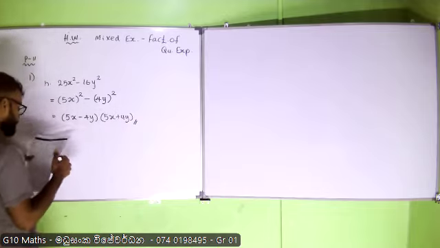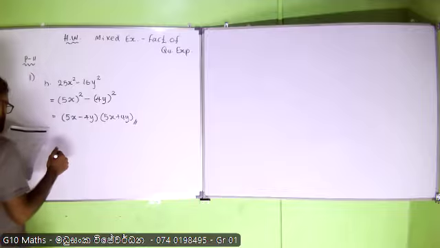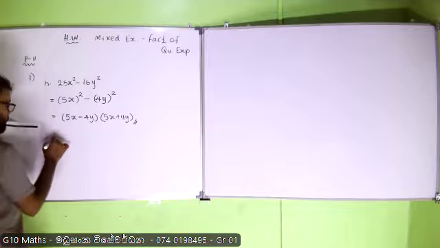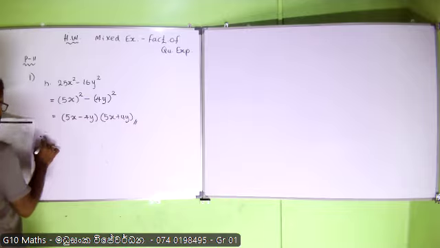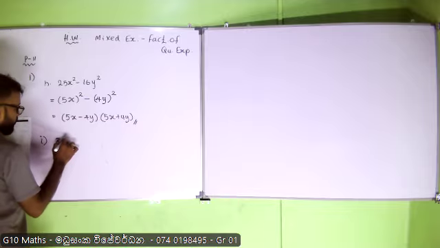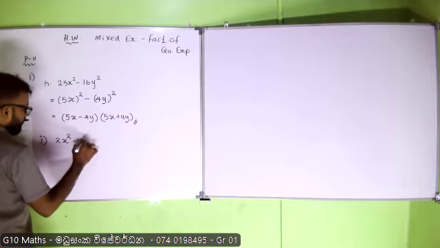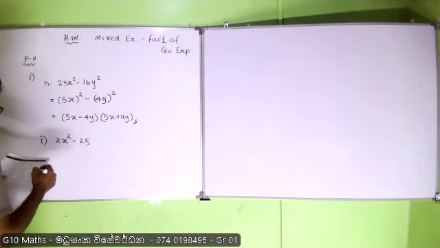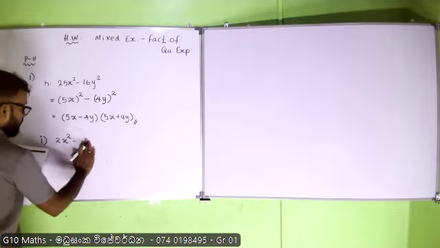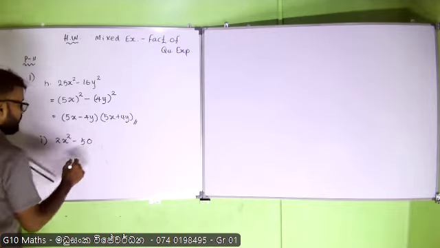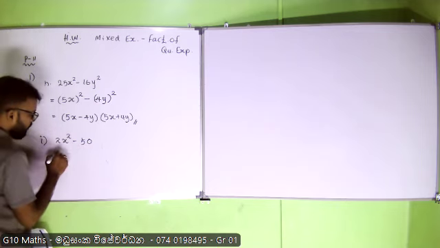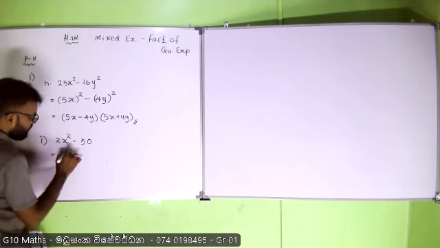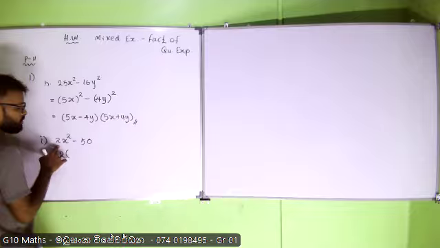Then I will do I. It is something like this: 2x to the power 2 minus 25. Sorry, not 25, this is 50. Take 2 out from this. 2 is a common factor for both terms.